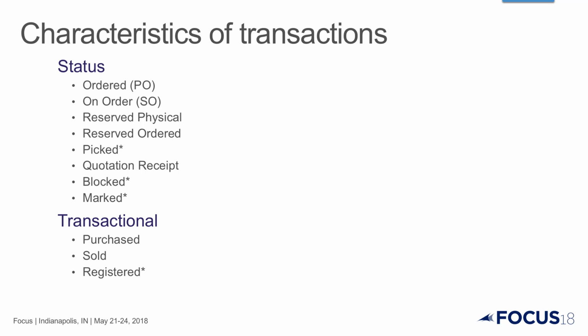Again, it doesn't create an inventory transaction. Quotation receipt means that I physically received a quotation back as approved. Blocked means it's tied up in the quality order process, so it's blocked during the time it's in that quality order.